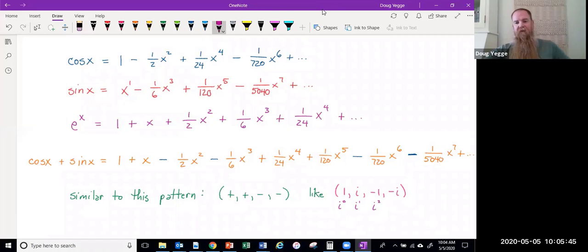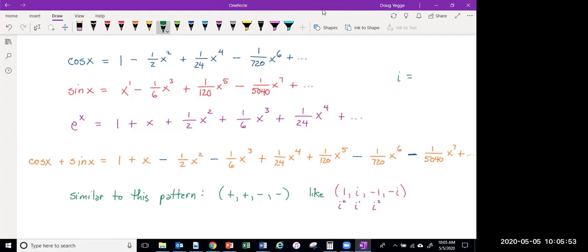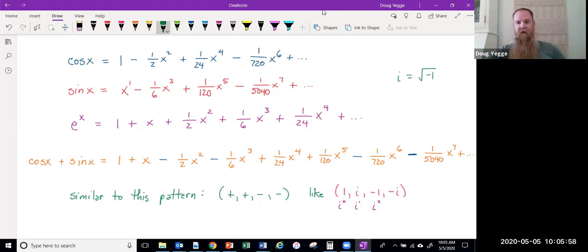How do I calculate i squared? What is i? i is the square root of -1. So i squared would be -1. Exactly. If I square the square root of -1, then that becomes i squared. But then why is it that i cubed is the same as -i?